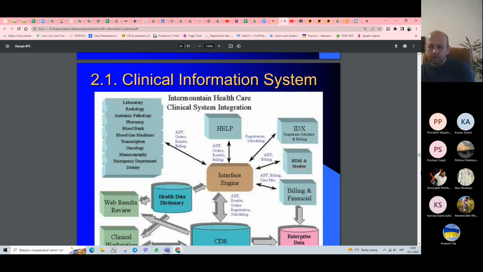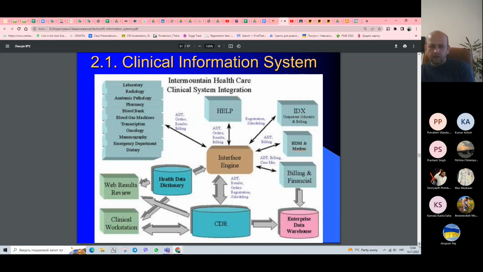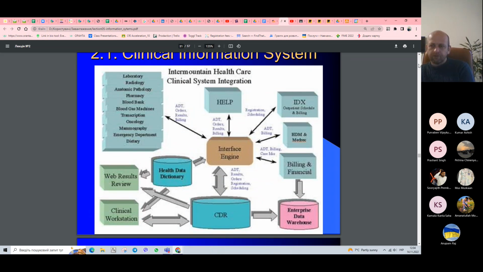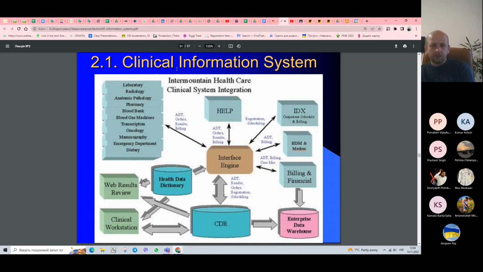Another kind of picture visualization where the clinical information system is present: laboratory, radiology, anatomic pathology. You see there are different types of sources and user information.